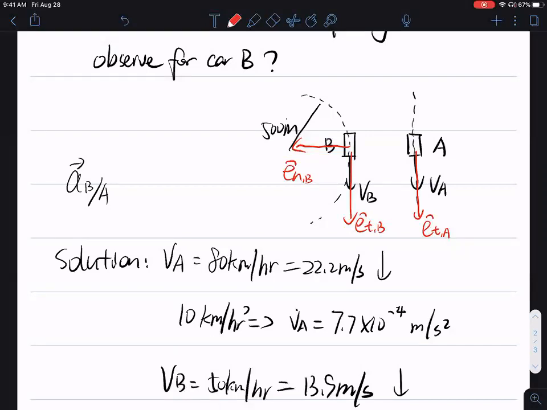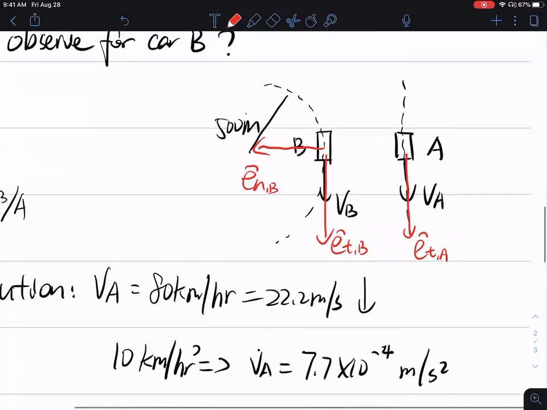If I ask you to do a coordinate system conversion, ETB and ETA would be the same. They're pointing in the same direction. There's no angle between them. Well, if you want to build triangles, you can, but there's no triangle there. So they equal each other.